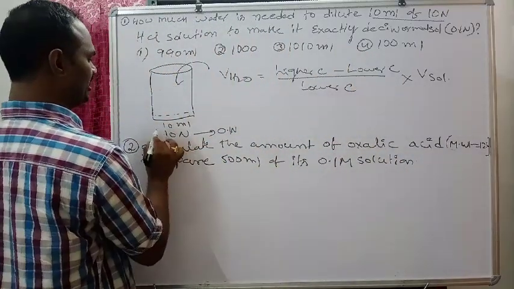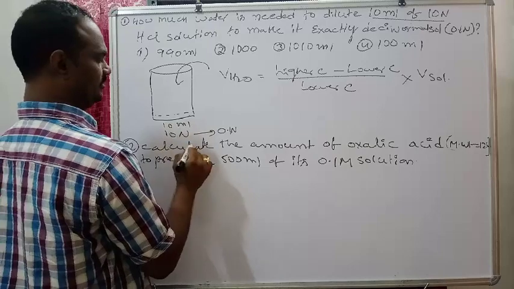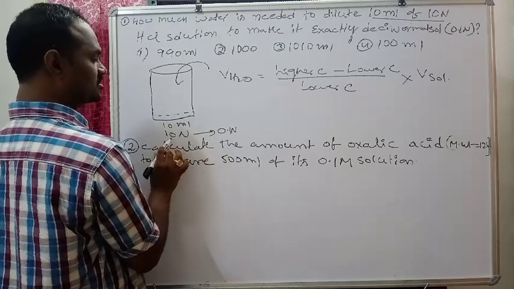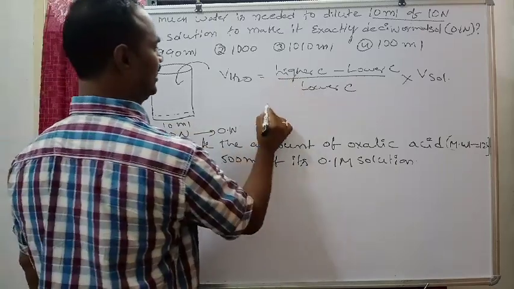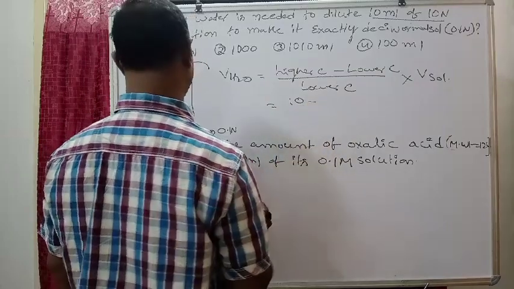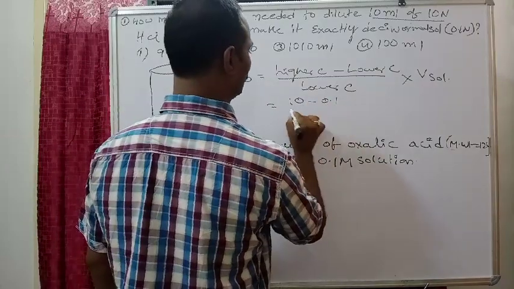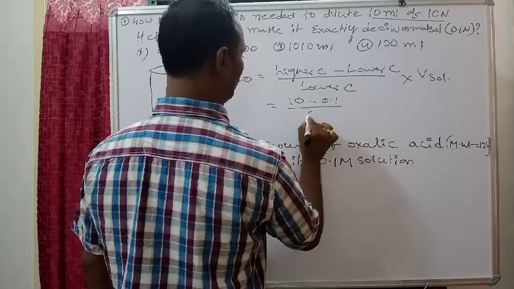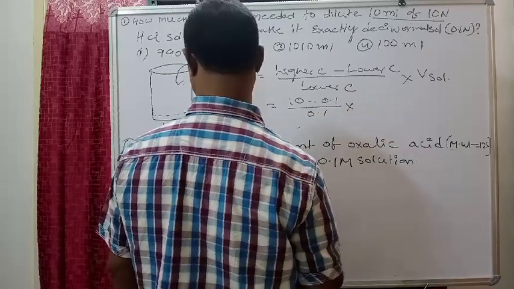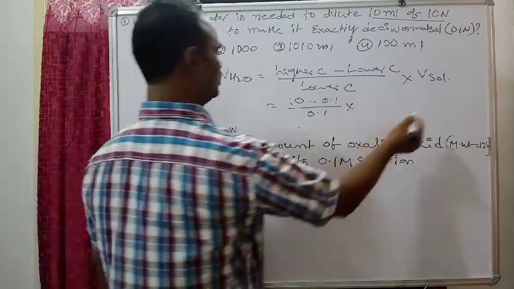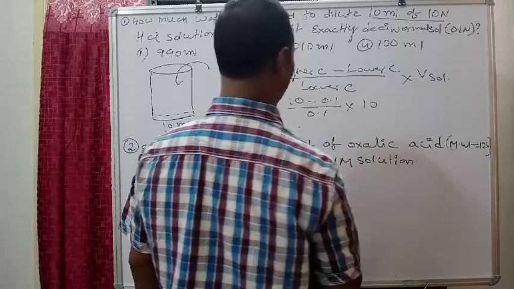Initially how much volume is given? 10 ml. Initial concentration, the higher concentration, is 10N. So 10 minus 0.1 by 0.1 into the given volume of solution, 10 ml.